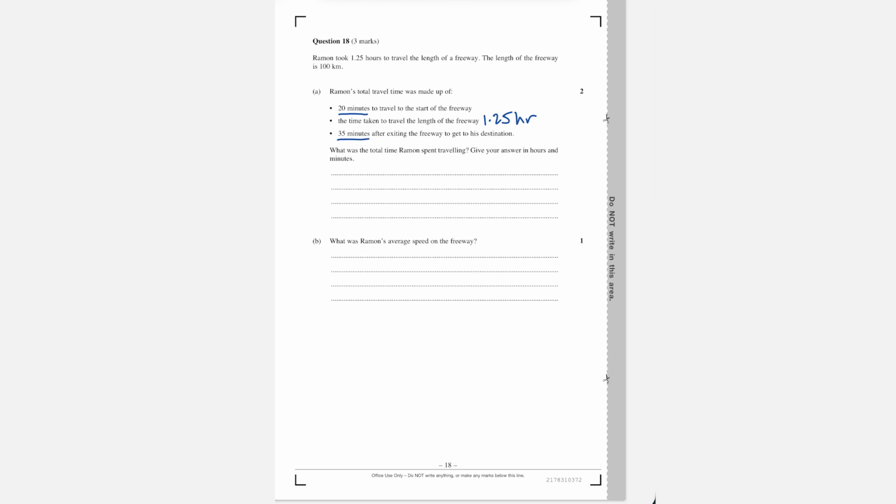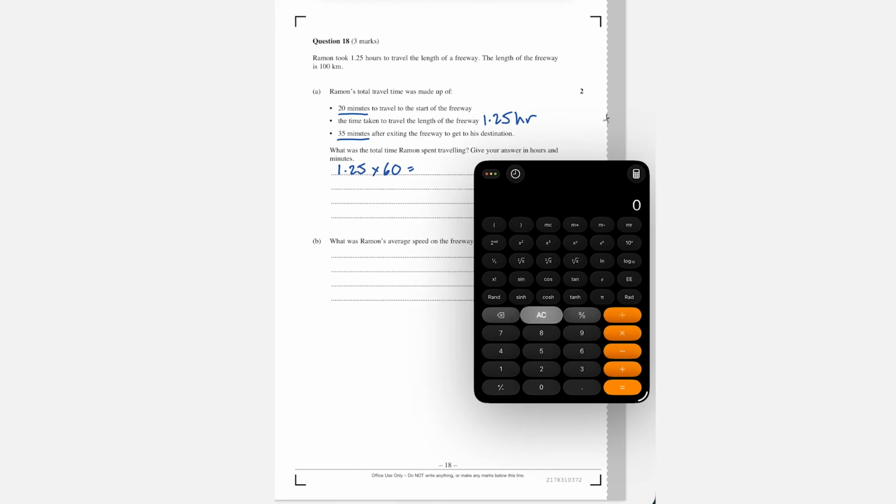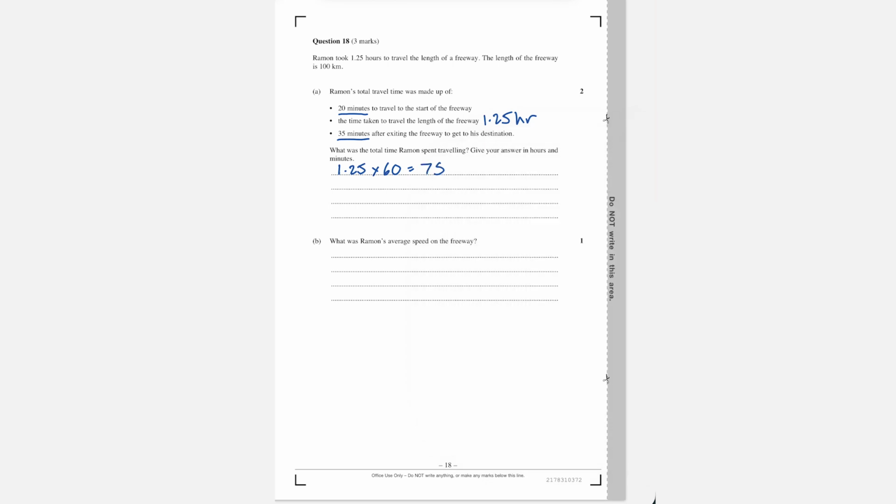So we're going to need to convert the 1.25 hours into minutes. 1.25 hours multiplied by 60 gives us what that looks like in minutes. So putting that in our calculators, 1.25 times 60 equals 75. And that's going to be minutes.